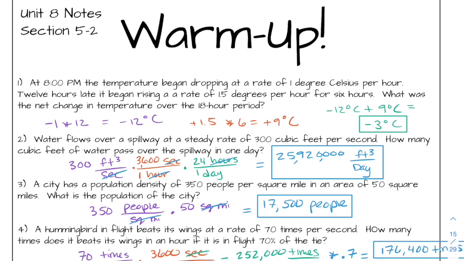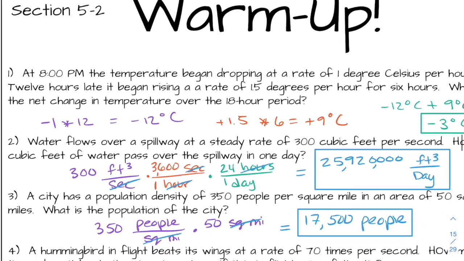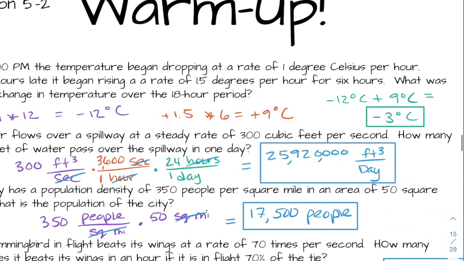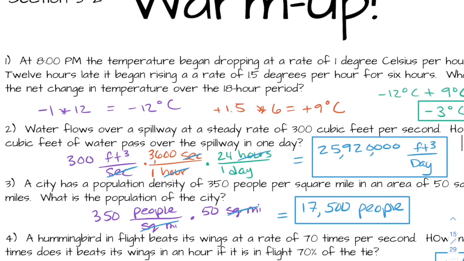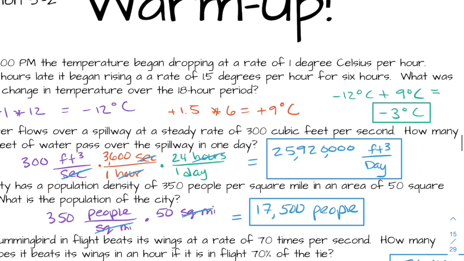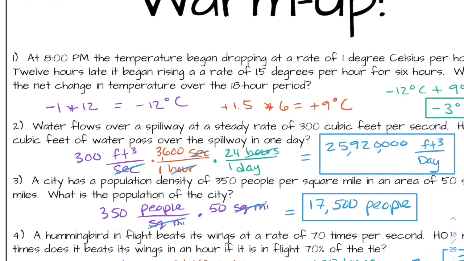So all right, number one, at 8 p.m., the temperature began dropping at a rate of 1 degree Celsius per hour. 12 hours later, it began rising at the rate of 1.5 degrees Celsius per hour for 6 hours. What was the net change in temperature over the 18-hour period?